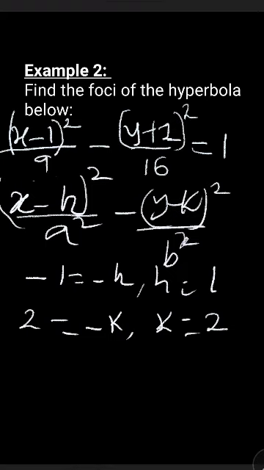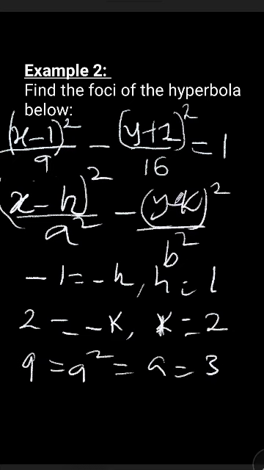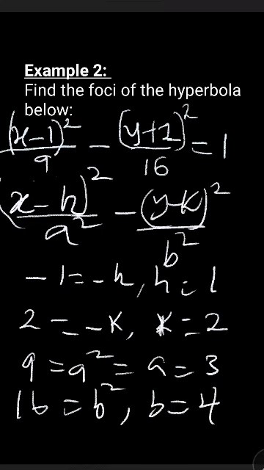So we've gotten the value of h to be 1, the value of k to be minus 2. So we can also equate this. 9 equals a square, which is a equals 3. And the value of the second one here, which is b. So 16 equals b square, which is b equals 4. So this will be plus or minus 3, and this also will be plus or minus 4.